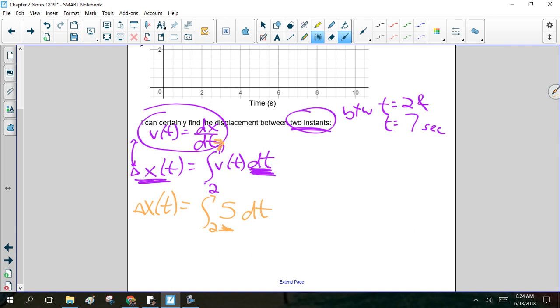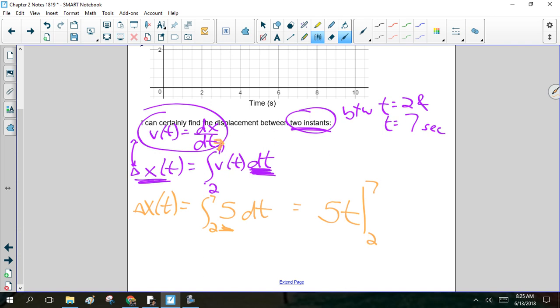The question is, what function would I have to take the derivative of to get 5? Well, 5 is 5 times t to the 0, and that means before we took the derivative, our exponent must have been 1. So this looks like 5t. Then I want to evaluate it at 2 and 7.